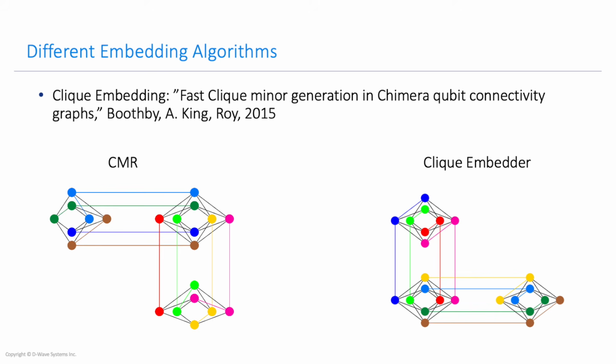This was a work that was done in 2015 with a clique embedder. In other words, if you're embedding on cliques, there should be some advantages associated with that, and this paper shows that. And right now I'd like to show you some plots, some graphs of embedded cliques with the new clique embedding. So this is going to be a different algorithm than Cai, Macready, and Roy.